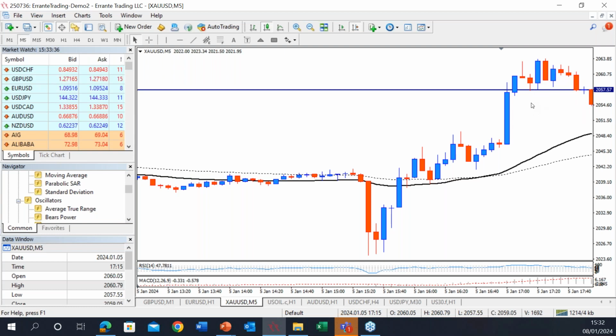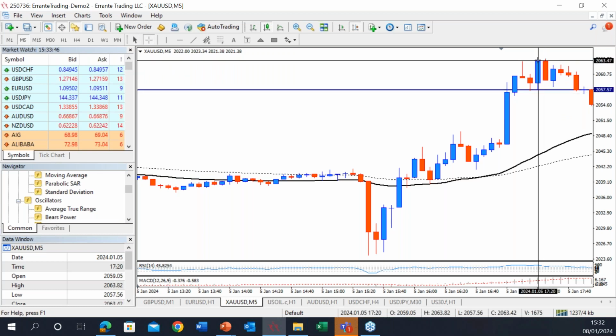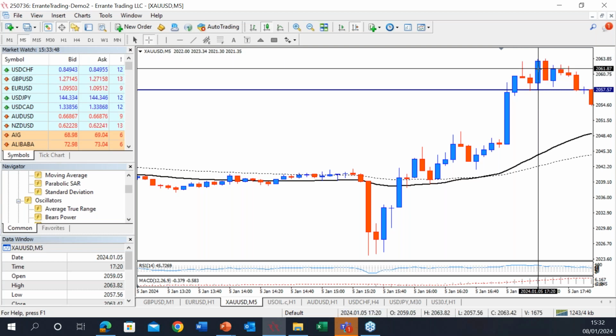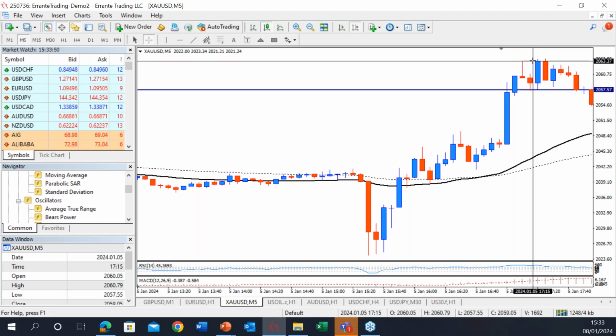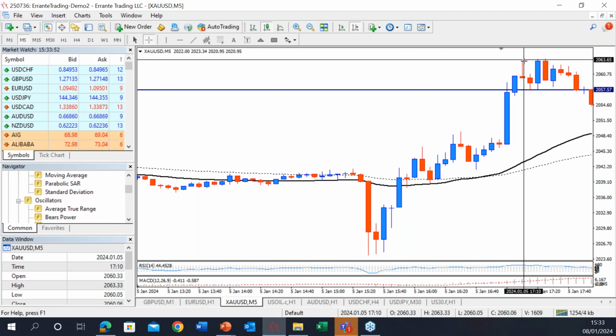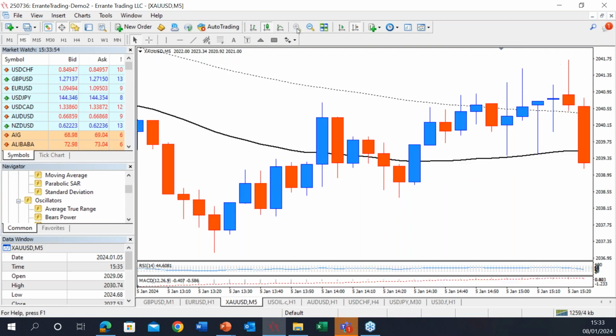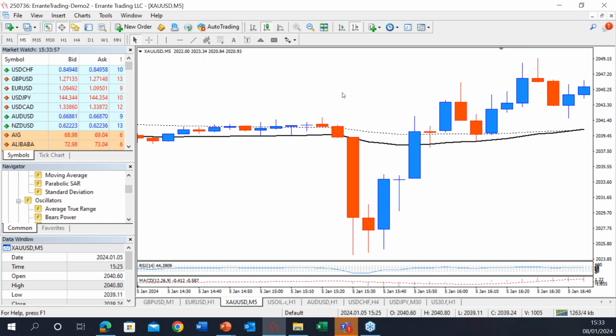The best way to enter this trade is when we see a close below the low of the first candle in the pattern, this Harami somehow. Let's see if it is a Harami or a dark cloud pattern.